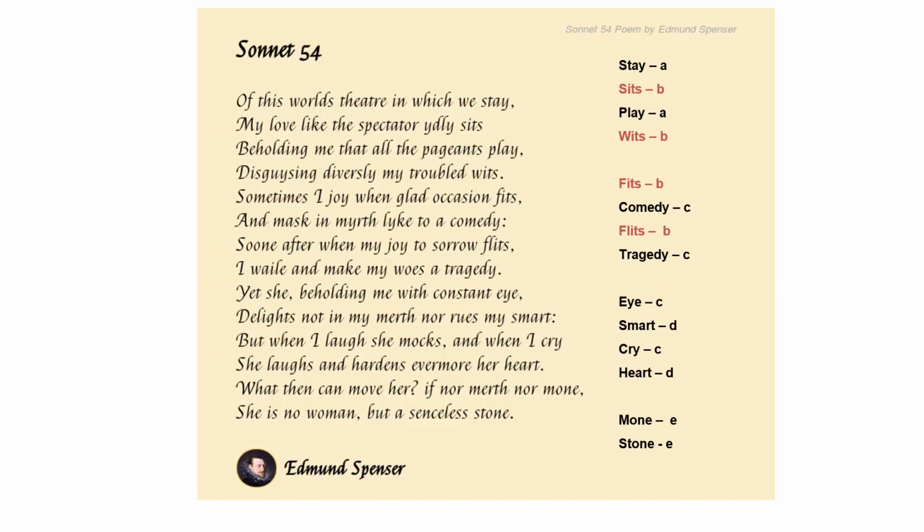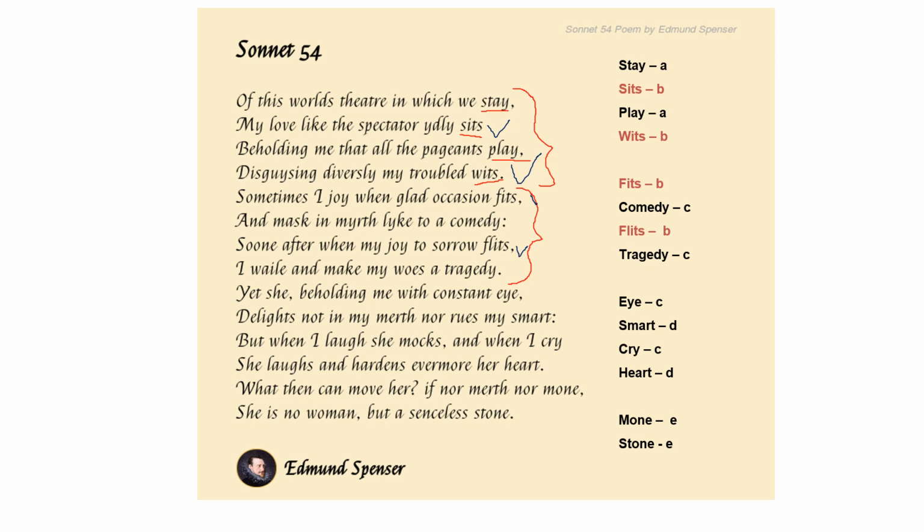Looking at Edmund Spenser's Sonnet 54, we have stay, play, which makes them A, and then sits, wits. So this would be the first quatrain, and this would be the second quatrain. And here, let's see how the rhyme is linked from one quatrain to the other. Sits and wits, then fits and flits.